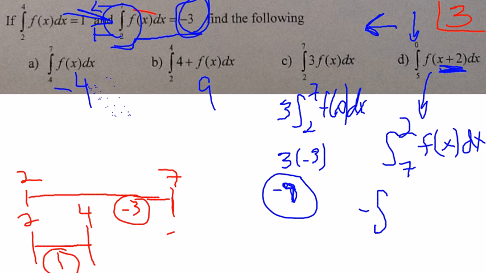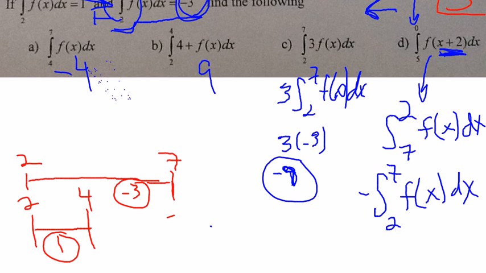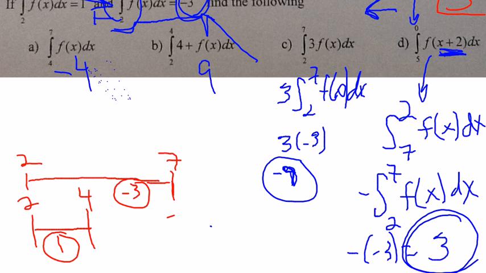We did a bunch of problems like this right before break, I believe. So it's the integral from 2 to 7 of f of x dx, but negative. So it's negative times negative 3, which is a positive 3. And that's the answer for that. That one's probably the most complicated of all these.